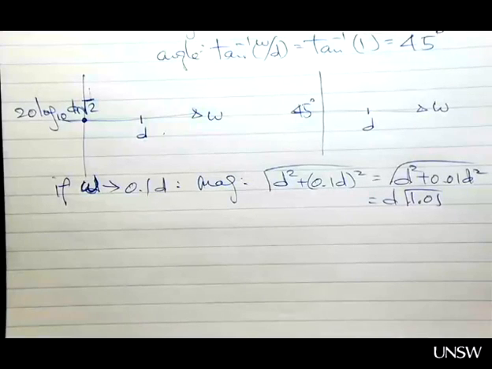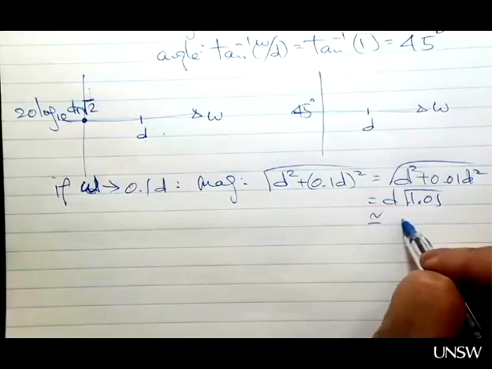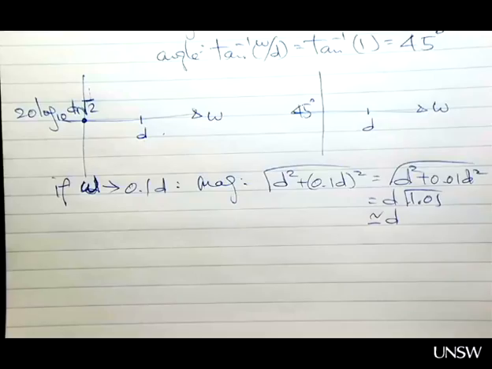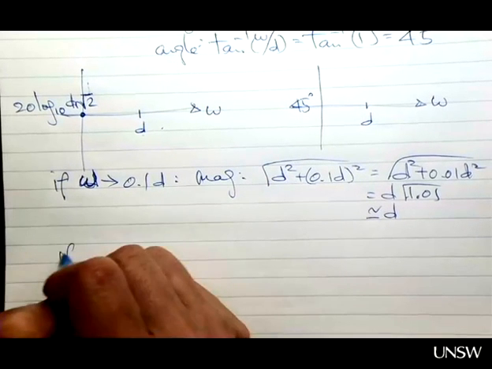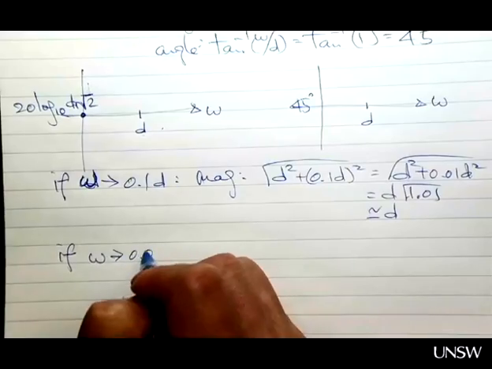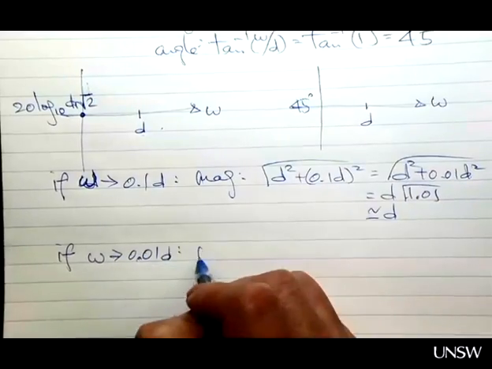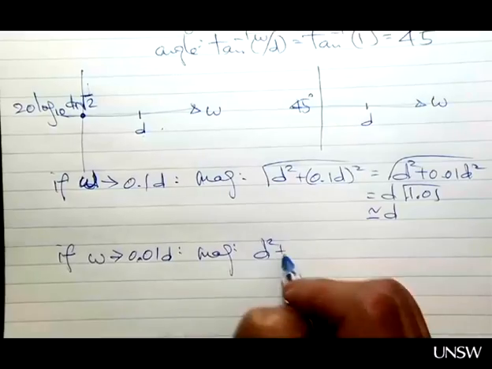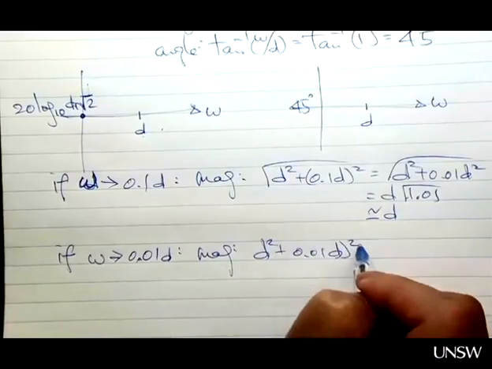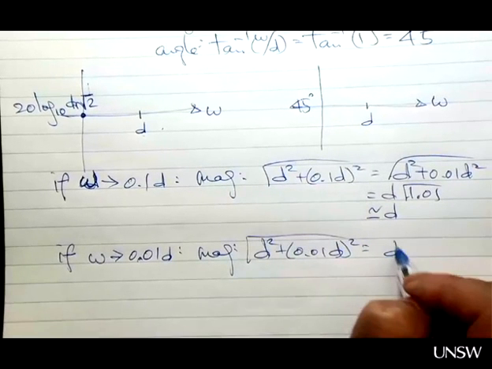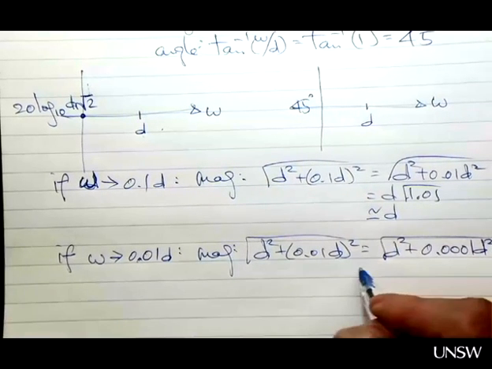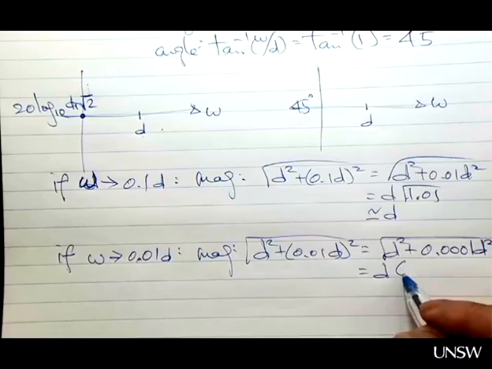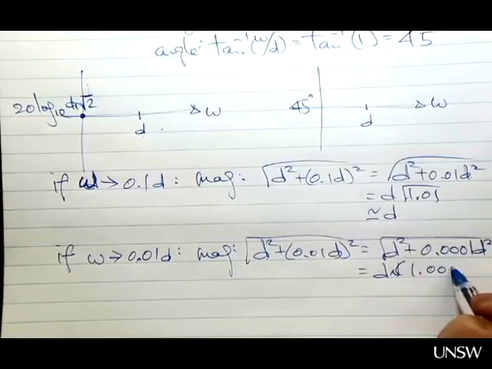So it is approximately equal to d itself. And again, if omega goes very small, 1/10 of d, then the magnitude is approximately d. So again, it is approximately equal to d.